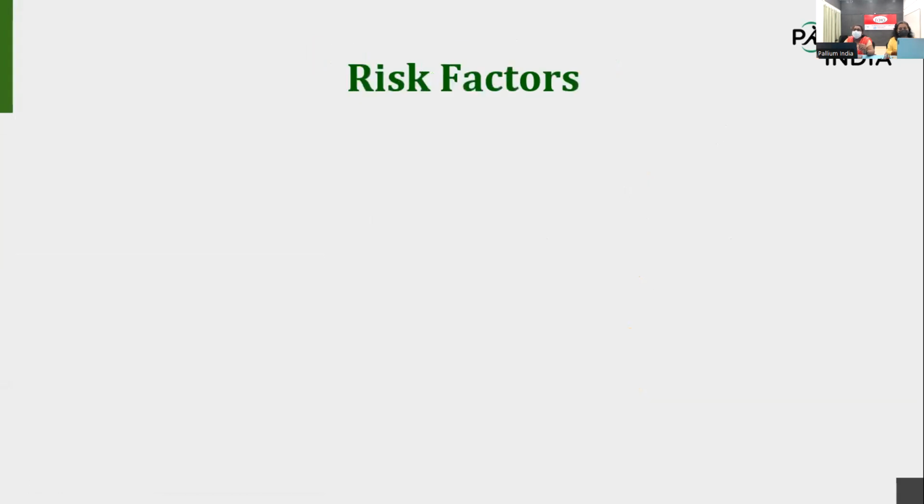Coming to the risk factors, there are a lot of risk factors. The first and most common risk factor is friction and shear. Usually for a bed-bound patient, we need to change the bed sheets. We nurses know how to change a bed sheet for a bed-bound patient, but the caregivers don't know.